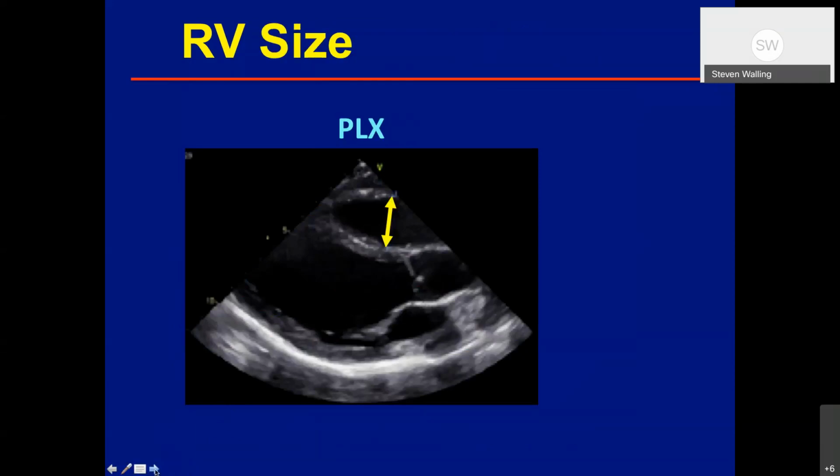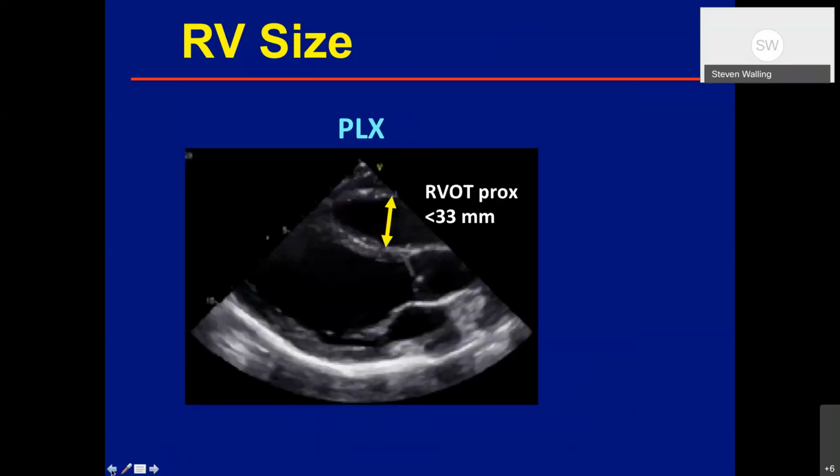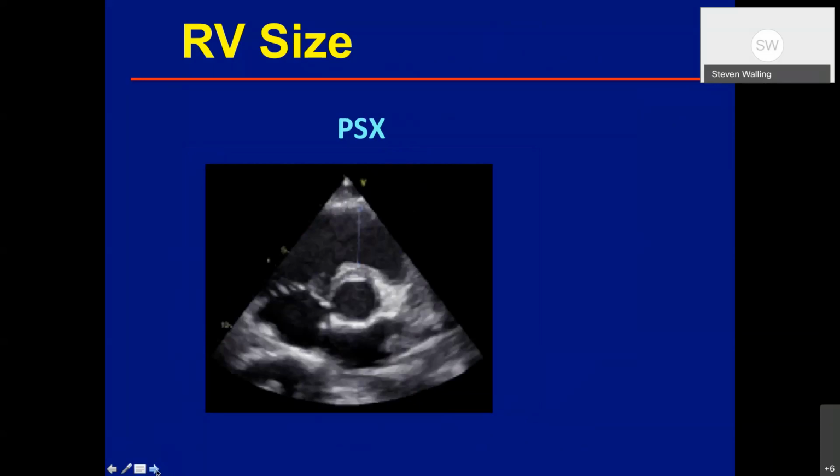Normally it should be close to 3 centimeter, and that is the number you need to remember. And then the proximal RVOT in the short axis view is slightly bigger, about 35.